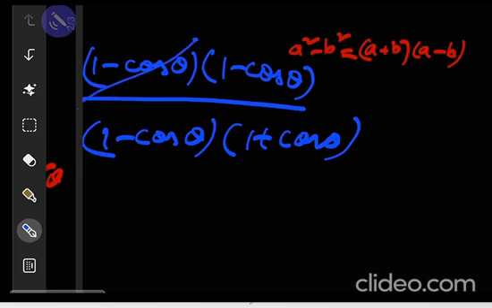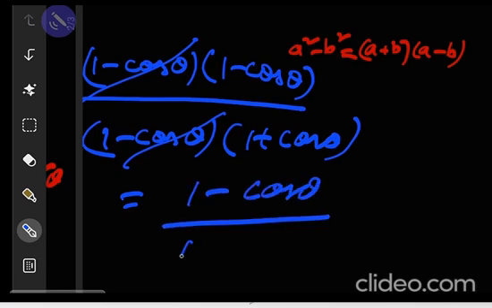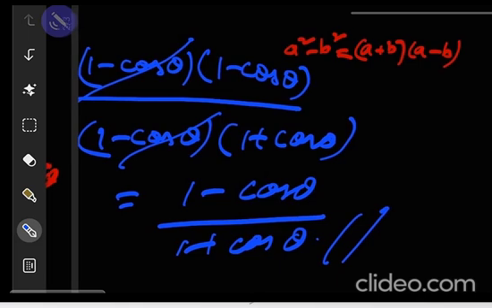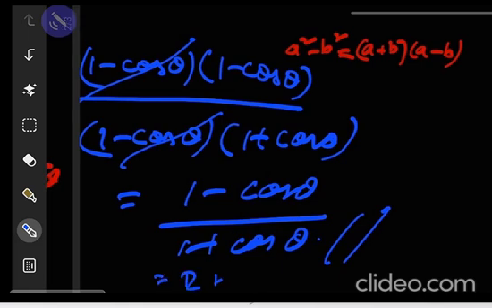So these 1 minus cos theta terms cancel, and we get 1 minus cos theta divided by 1 plus cos theta. This is the RHS.